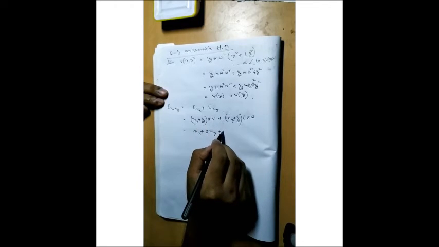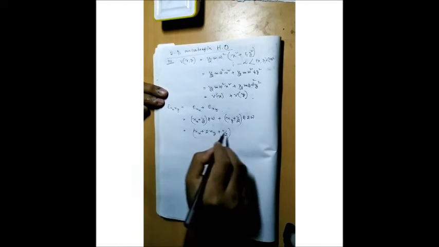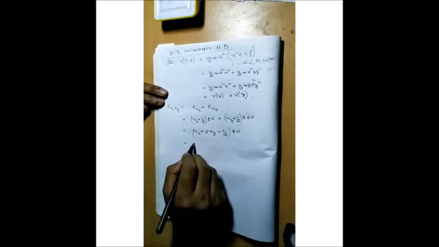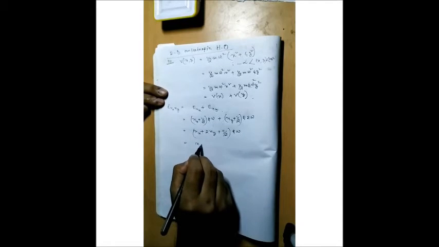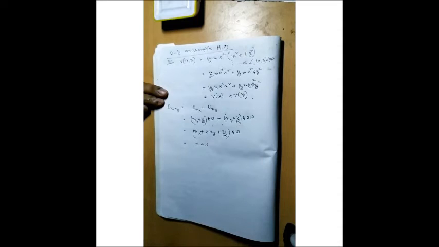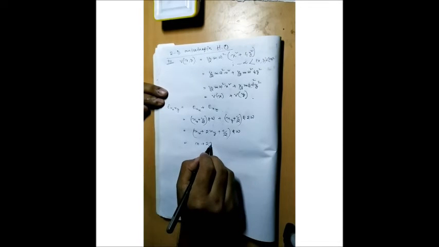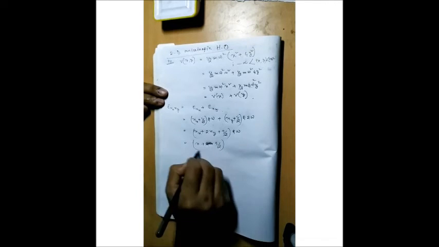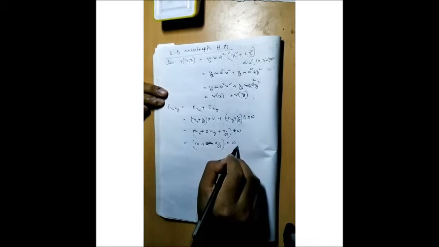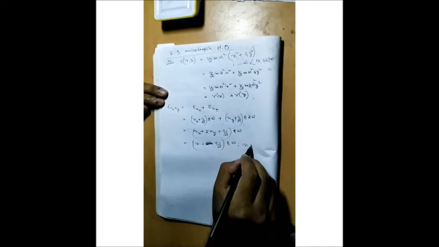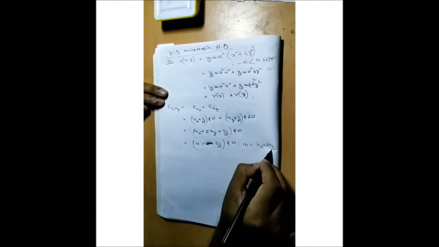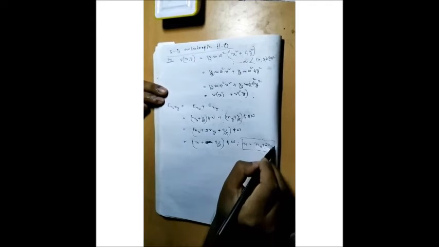So half plus 1 is 3 upon 2, h cut omega. This is the simplest calculation. Or I can write (n plus 3 upon 2) h cut omega, where n is equal to nx plus 2 ny. Clear? This is an important relation.